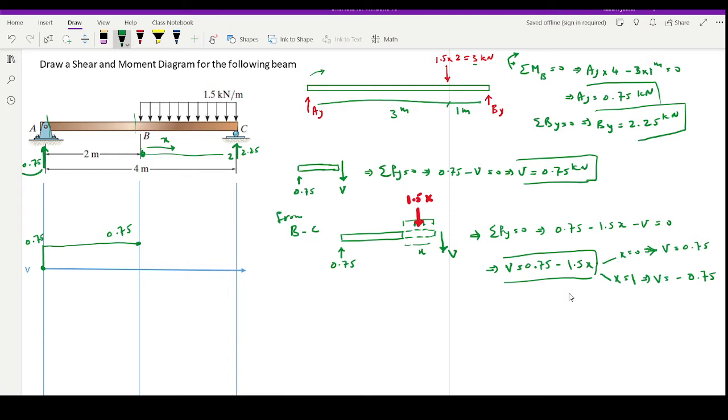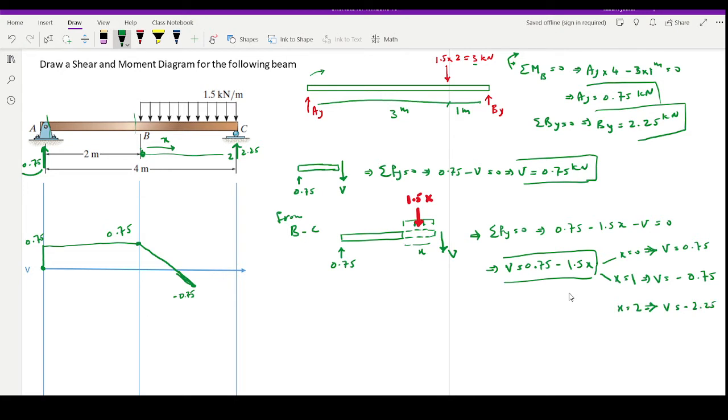Therefore, 1 meter far from B, I have something equal to negative 0.75. And if I put x equal to 2, you can see that V is going to become 0.75 minus 1.5 times 2, and that's going to be equal to negative 2.25.